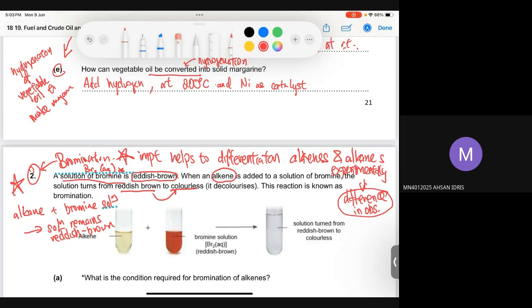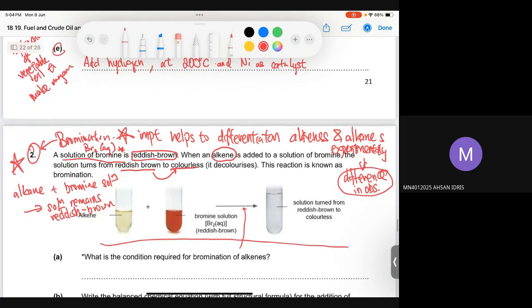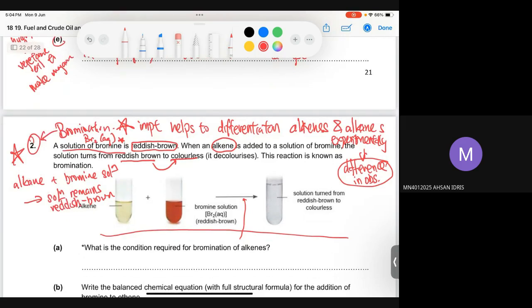Please know this. First thing first, what's the condition for bromination? If you look at this whole reaction here, you realize that your arrow here has nothing, there's no condition. When you write an arrow without any extra stuff, generally it means that it will react at regular room temperature and pressure.